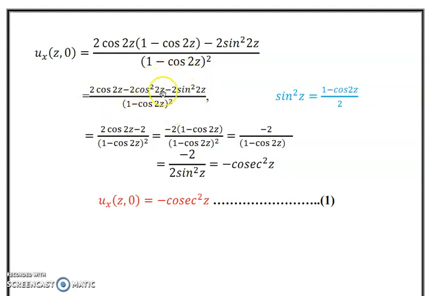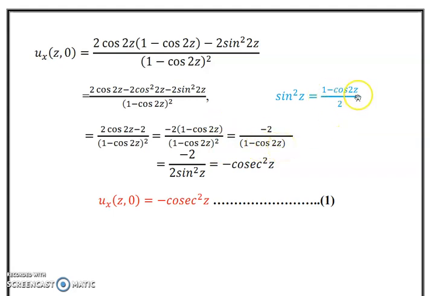You know that cos square theta plus sin square theta equal to 1. By using this, we simplify the equation: 2 cos 2z minus 2 divided by (1 minus cos 2z) the whole square. Then you take minus 2 outside, then cancelling 1 minus cos 2z, finally you get minus 2 divided by 1 minus cos 2z.